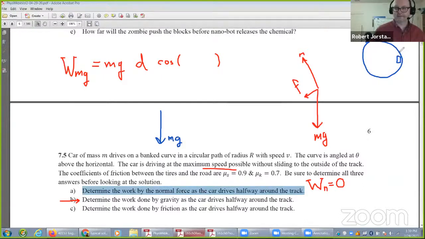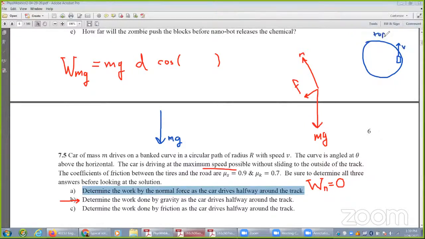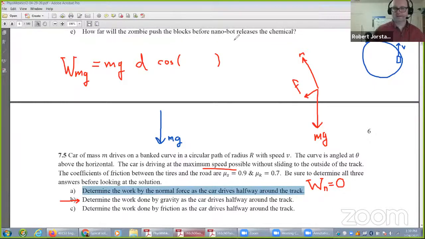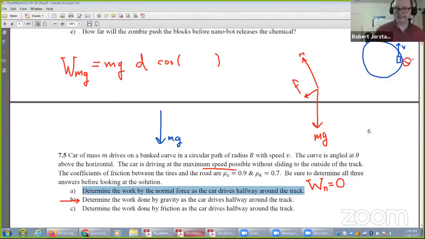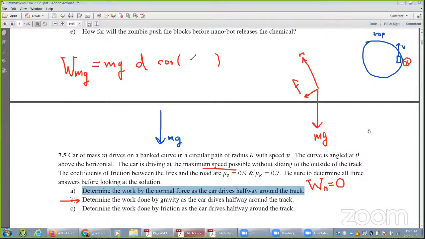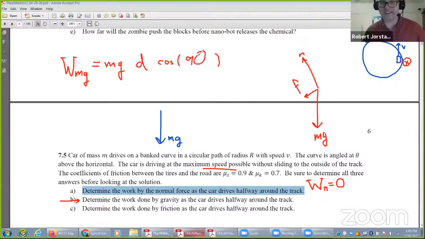Let's say it's going this way, right? Which way is mg then? We can't see mg from that view, so we would say the words into or out of. That will help. Into the page. So what's the angle between? 90 degrees. 90. What's the work done by gravity in this problem?